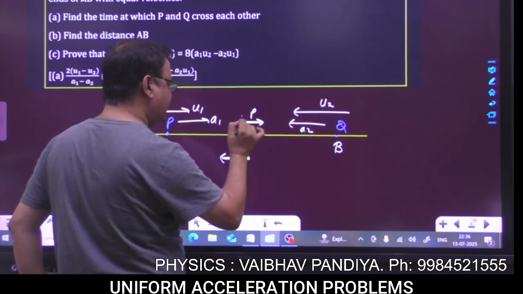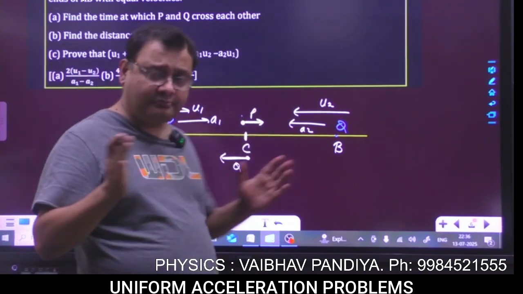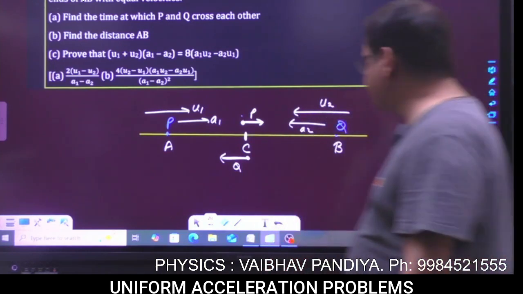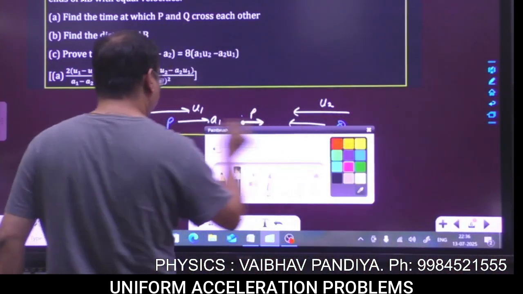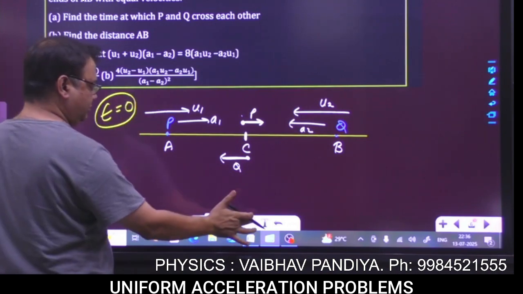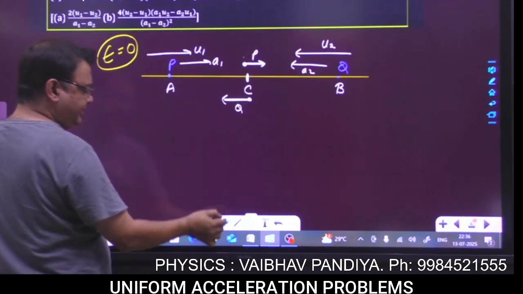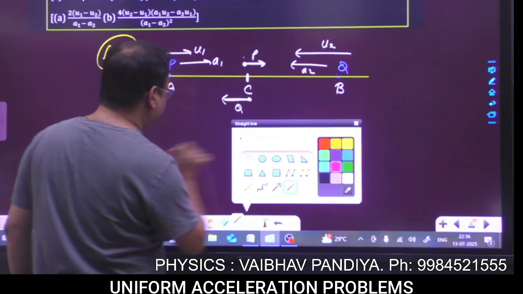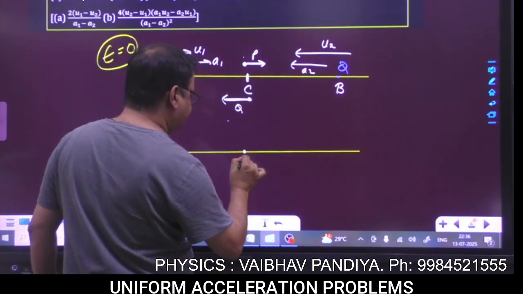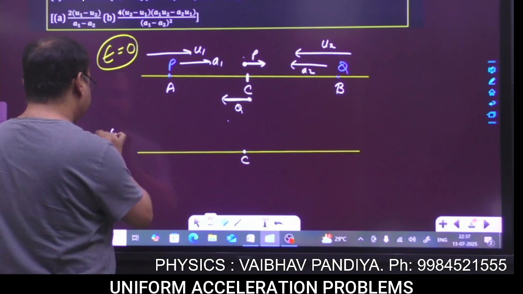So at this instant, when the particles are leaving their respective points A and B, I am starting the stopwatch. So at this instant the value of t is equal to 0, and when they are crossing each other at the midpoint, the stopwatch is indicating the time t.